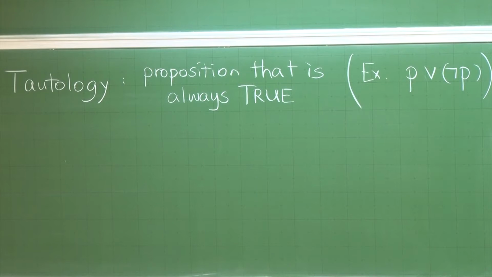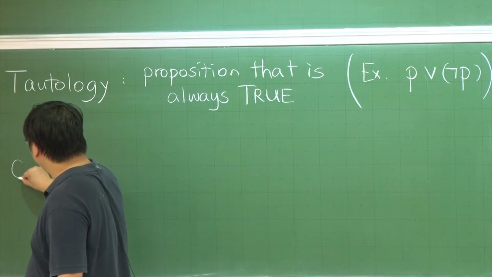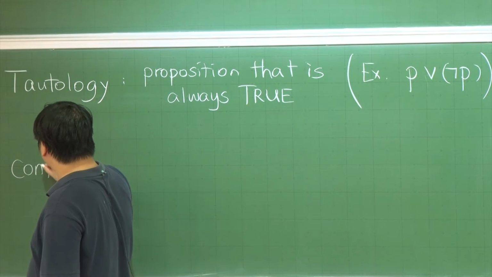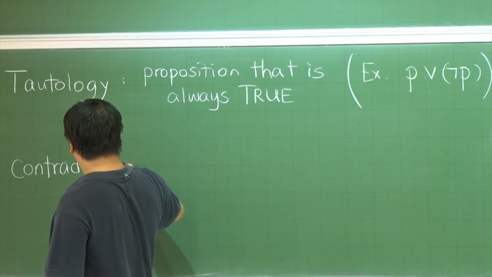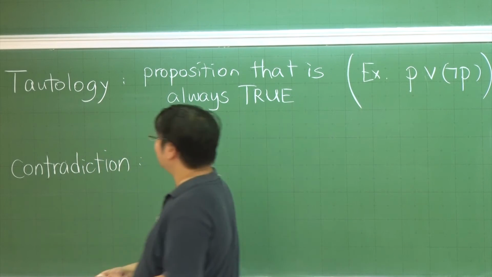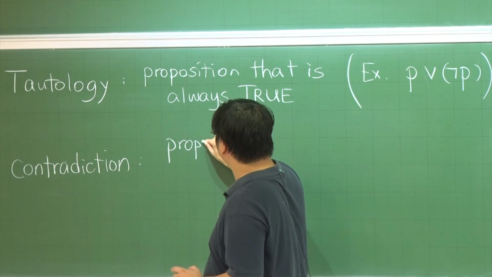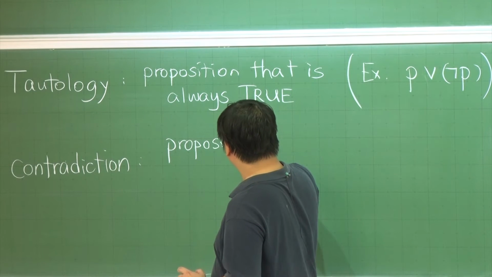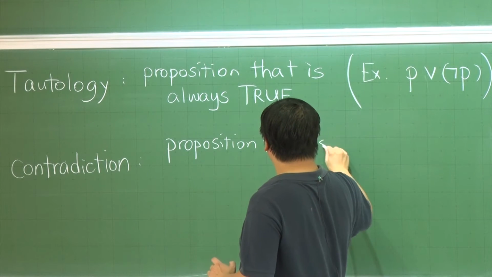And then another English word: contradiction. Contradiction is the opposite. It is a proposition that is always false.